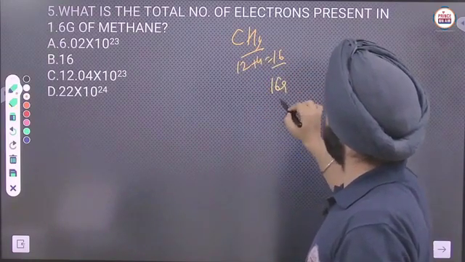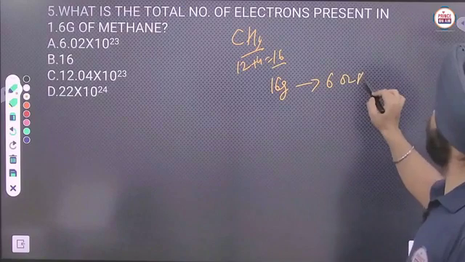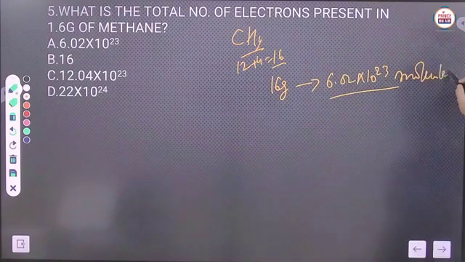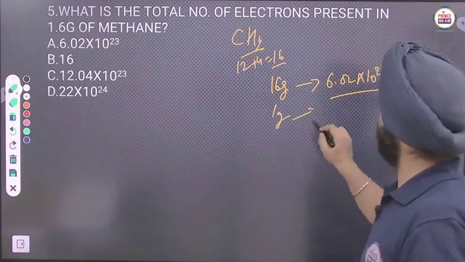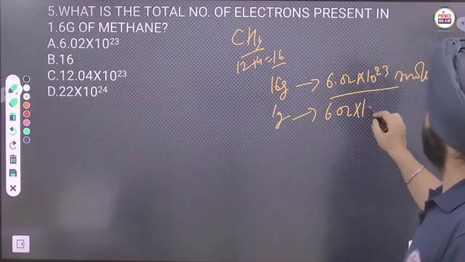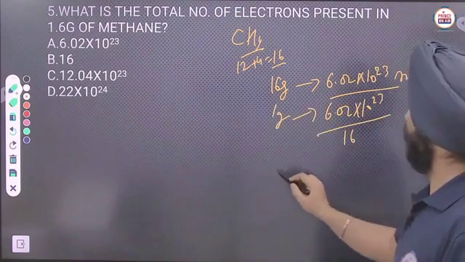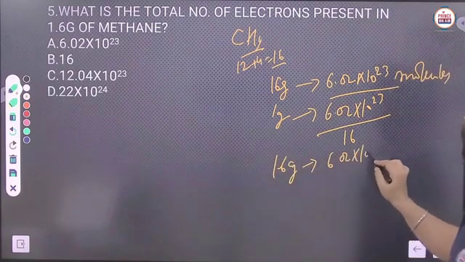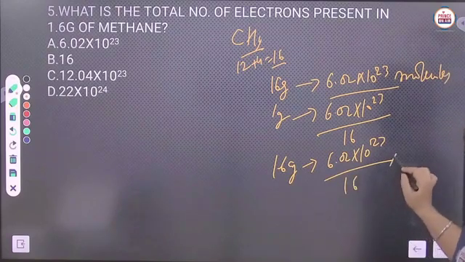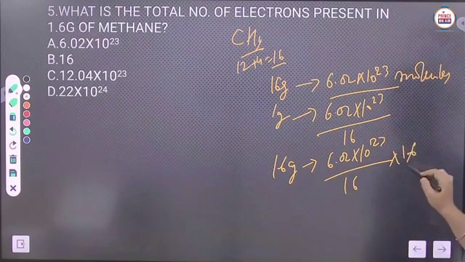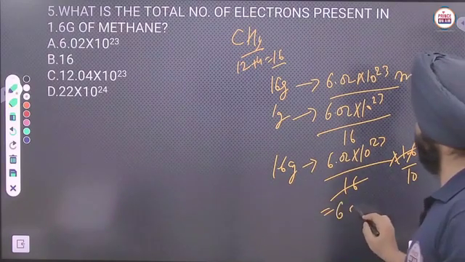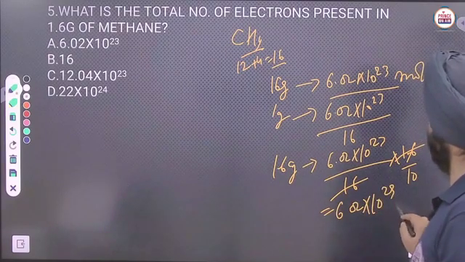So 16 gram of methane will contain 6.02 into 10 raised power 23 molecules. 1 gram will contain 6.02 into 10 raised power 23 upon 16. For 1.6 gram it will be 6.02 into 10 raised power 23 upon 16 into 1.6. Cut this value, it comes out to be 6.02 into 10 raised power 22 molecules.